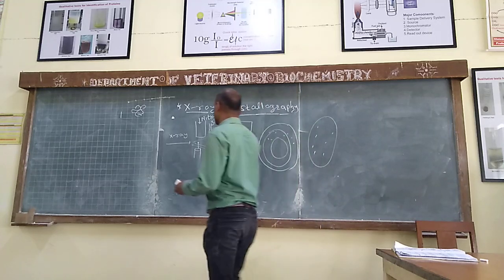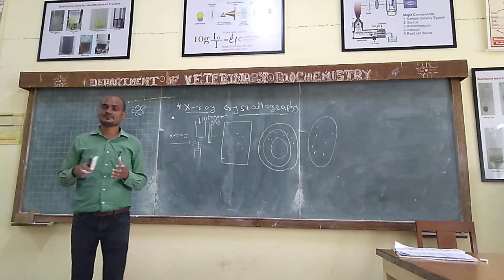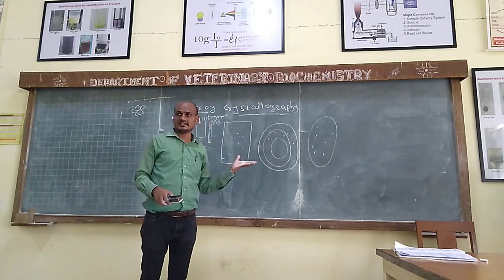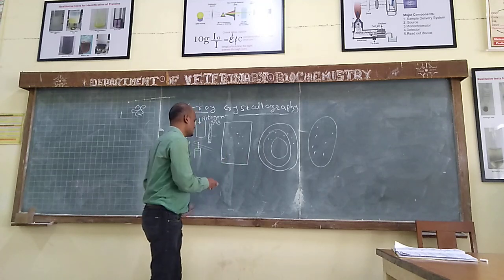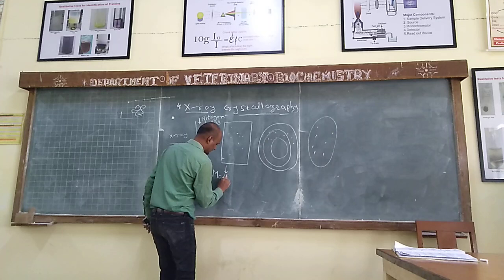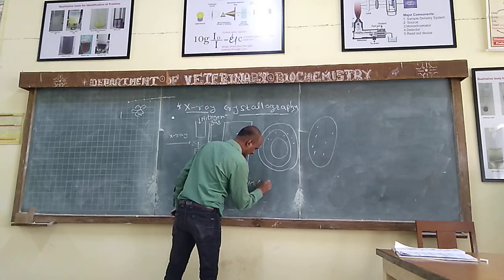Previously we have seen that we use the microscopic lens. Here we are getting a pattern only like this. We cannot read this pattern directly visibly. So instead of that, we have mathematical calculation.